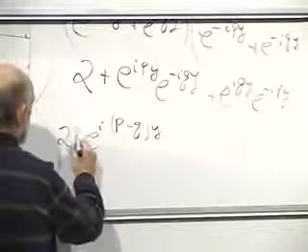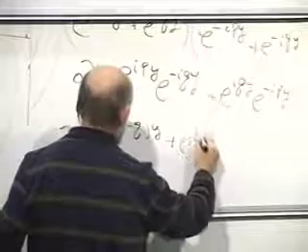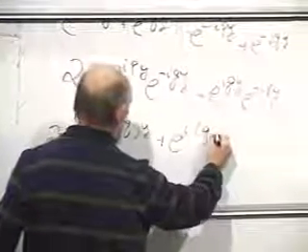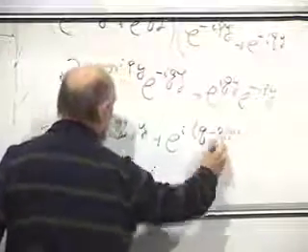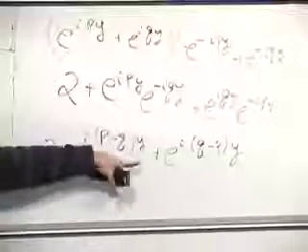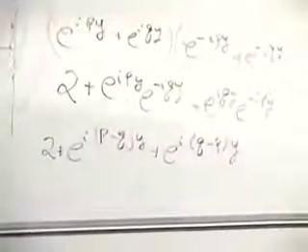plus e to the minus i, or e to the i (q minus p) y. What is this? e to the i times something plus e to the i times the negative of that. Twice cosine.